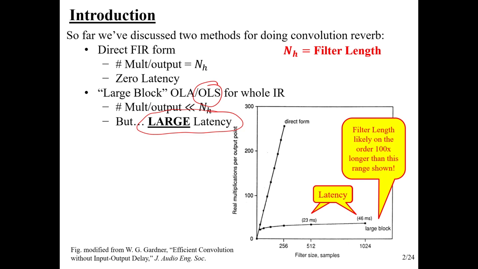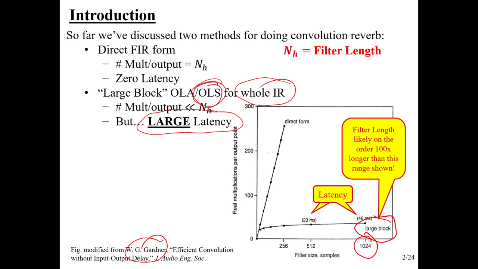So here's a plot that we looked at before, and this is from Gardner's paper. What he's referring to here as large block is this overlap save applied directly to the whole impulse response. And he's only showing out to filter sizes of 1024.